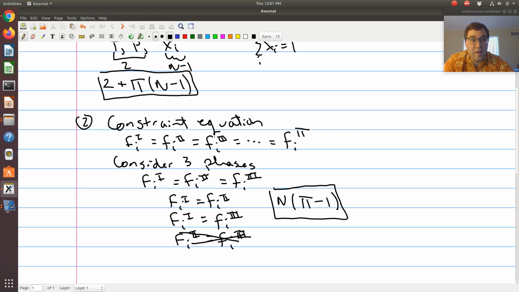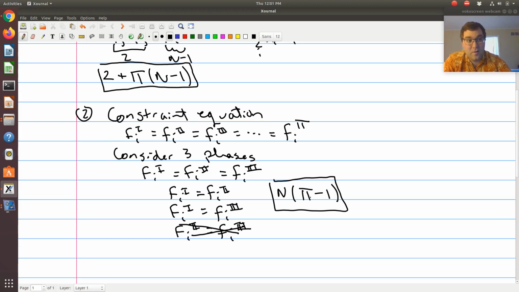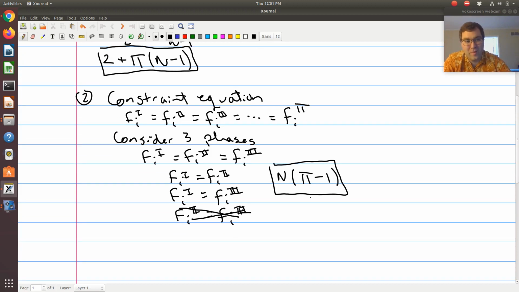Here we're assuming that it's possible for each component to be present in each phase. There are exceptions to that rule that I've come across, but extremely rare and not likely you would see such a thing.